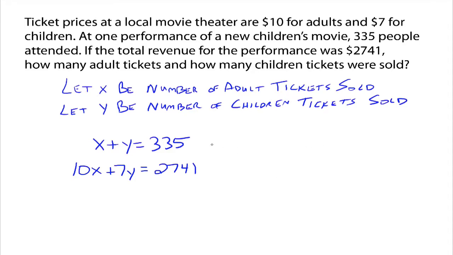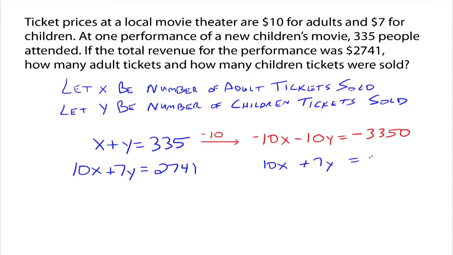I'm going to solve this with the elimination method. I'm going to eliminate the x, so I'll multiply this top equation by negative 10. That gives me negative 10x minus 10y equals negative 3,350. I'm going to leave the bottom equation alone, so that's still 10x plus 7y equals 2,741.